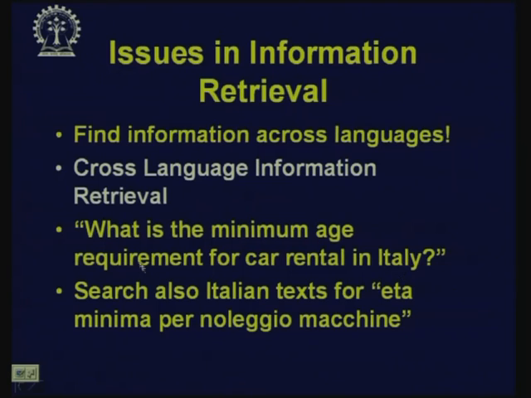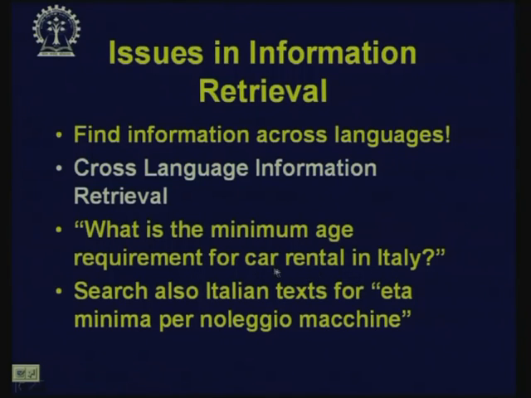Now, with this query, when I search the documents that are available in the web, it is not sufficient to restrict myself to the documents which are written in English only, because since I want to get the information about some law in Italy, there may be some Italian documents written in the Italian language which may come in handy for me, but I understand English.